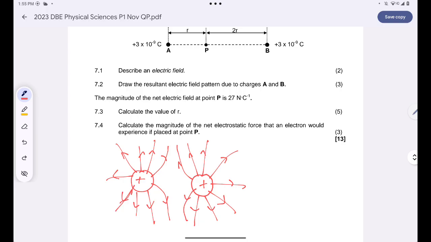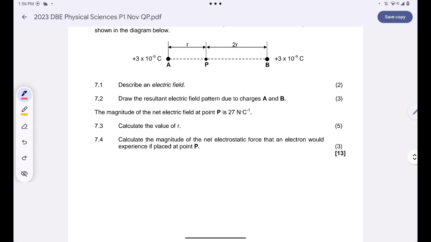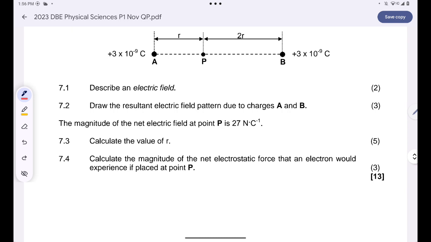And then we are told that the magnitude of the net electric field is 27 newtons per coulomb. We are given the net electric field at point P. We are supposed to calculate the distance r. But before we do that, I want us to draw a free body diagram for the point charge P. Remember that, guys, whenever you are given a point charge, you must always assume that it is positive, né?